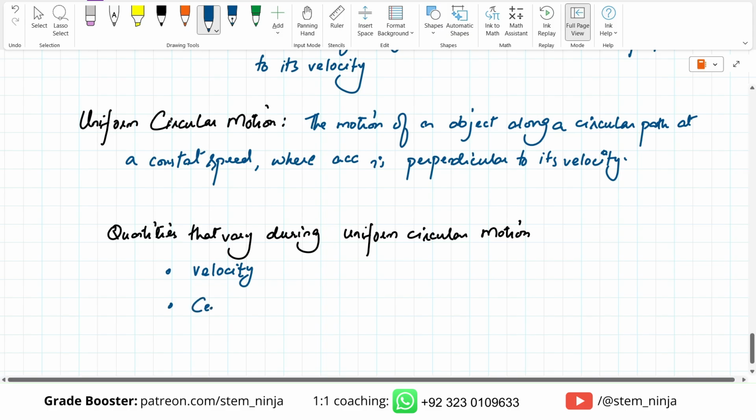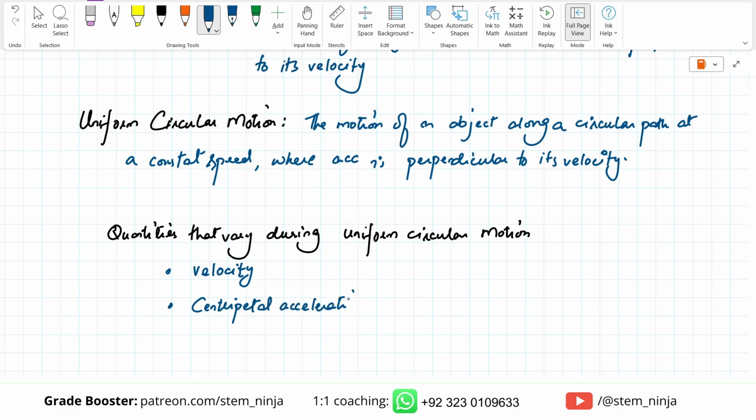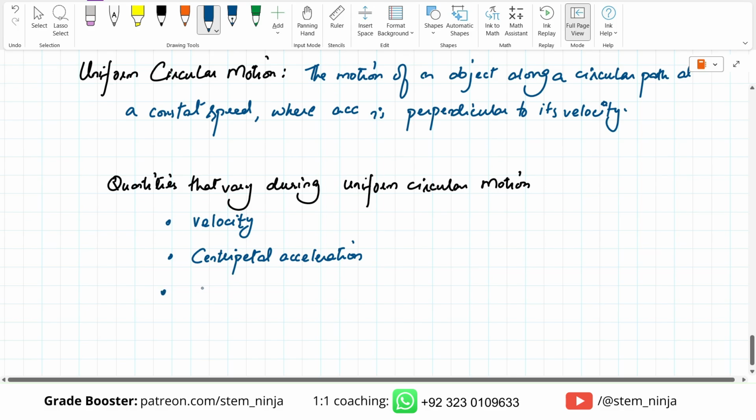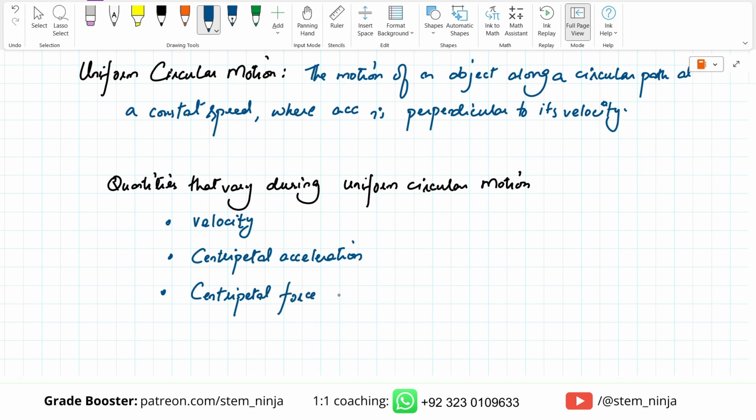So the centripetal acceleration also is changing because the direction is changing. And if centripetal acceleration is changing, so is centripetal force. Again, the magnitude might not change, but the direction is changing, and that is enough for that quantity.